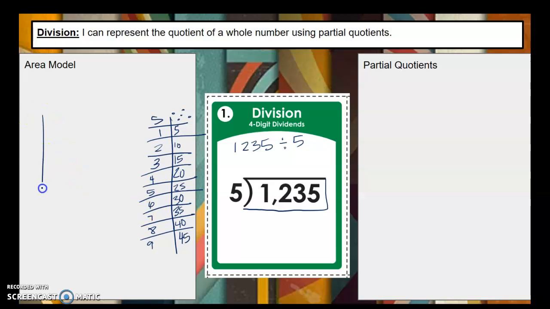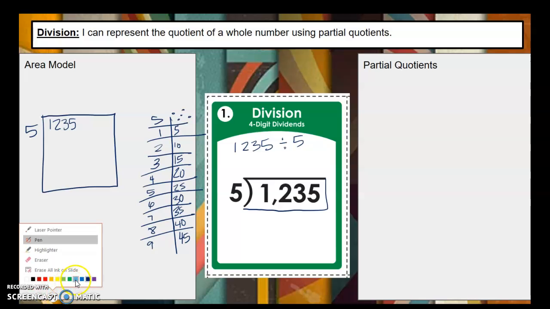All right, so I'm going to draw my area model. My total number is 1,235, and I'm dividing that by 5. Now, none of these are anywhere close to 1,000, so that tells me I need to make it 10 times larger. So I'm going to add a 0, multiplying everything by 10.